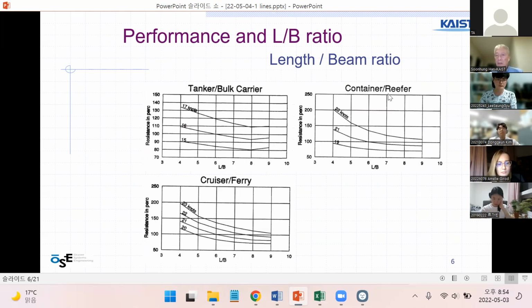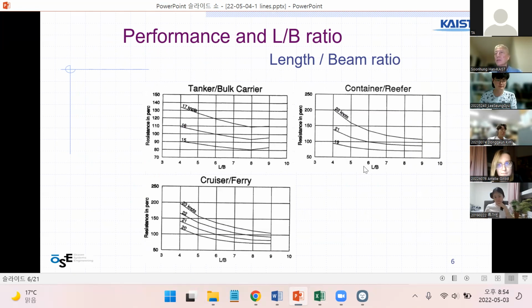And the container ship has more speed, like 23 or 19 knots. And then the vertical axis means the resistance in percentage.